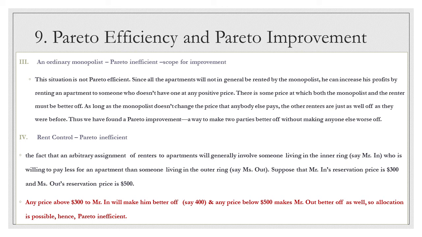He can increase his profits by renting an apartment to someone who doesn't have one at any positive price. So there is some price at which both the monopolist and the renter must be better off. As long as they don't change the price that everybody else pays, the other renters are just as well off as before. So they have found a Pareto improvement.